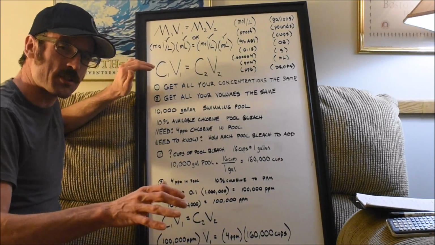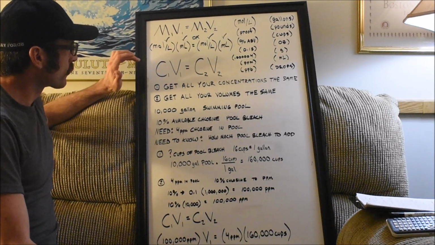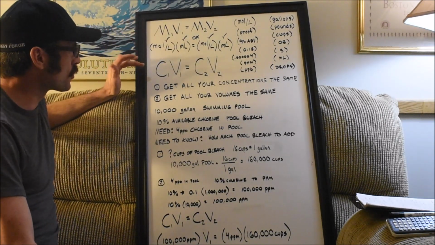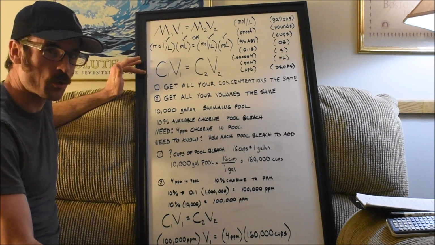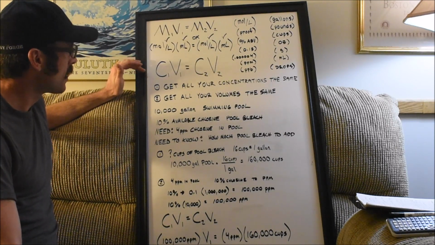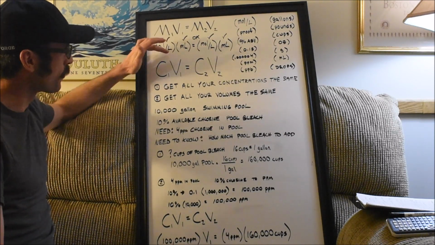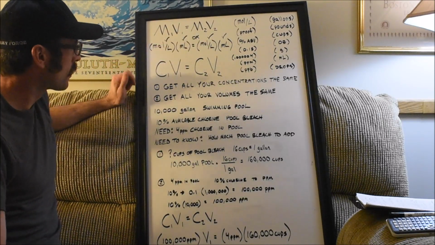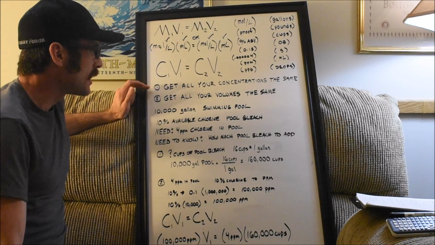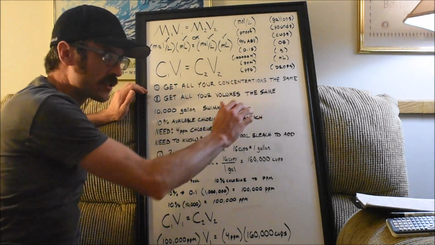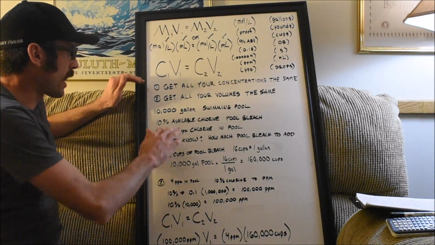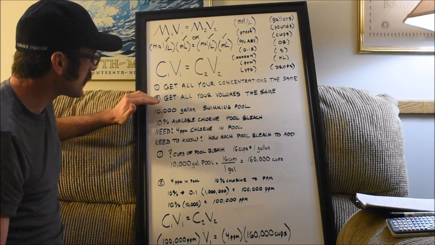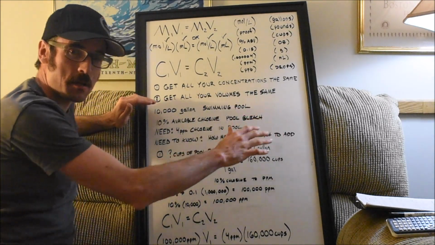Alright, so how is this going to be simple? Well, this is the chemist equation, but simplified, you can just use C1V1 equals C2V2. This is concentration times volume will equal concentration times volume. The first step is to get all your concentrations the same. The second step is to get all your volumes the same.